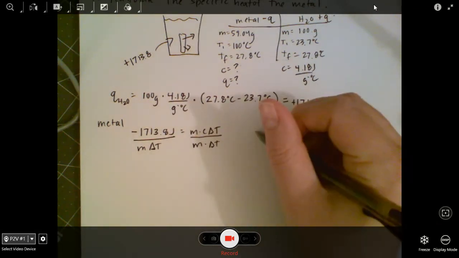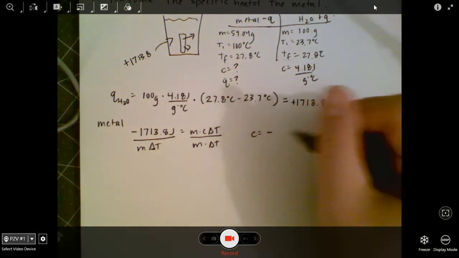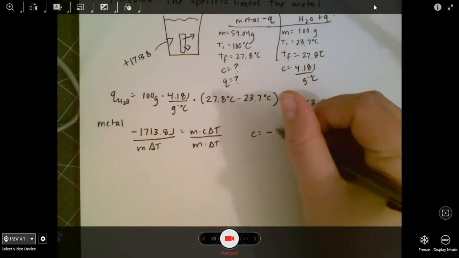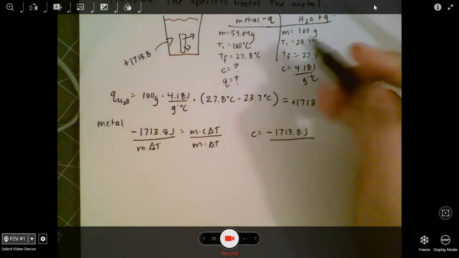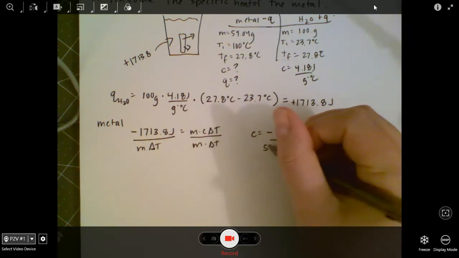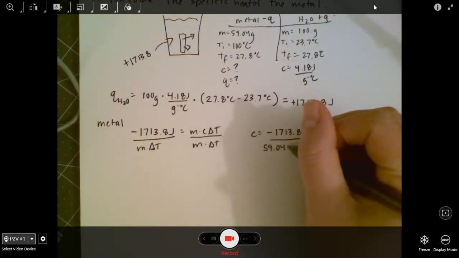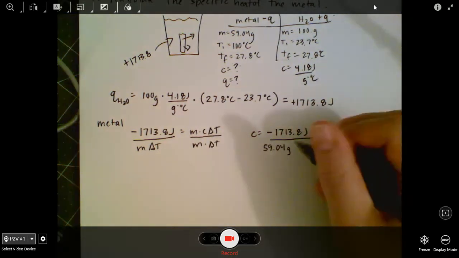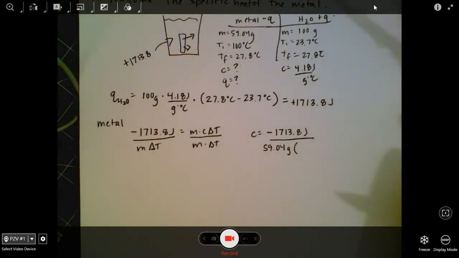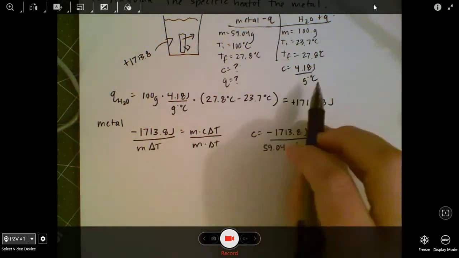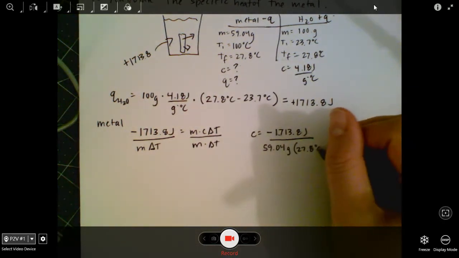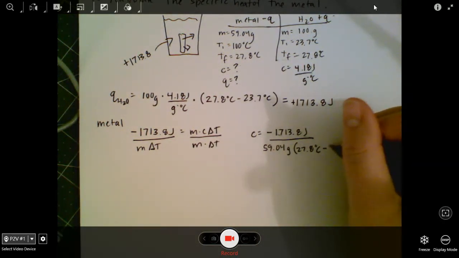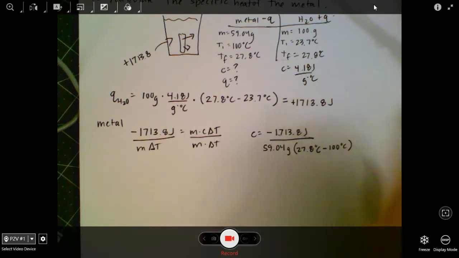Okay, so my specific heat is going to be the negative 1,713.8 joules divided by the mass of my metal, which was 59.04 grams. And then my delta T here is going to be, my final temperature was 27.8 degrees Celsius, and then I'm subtracting it from 100.